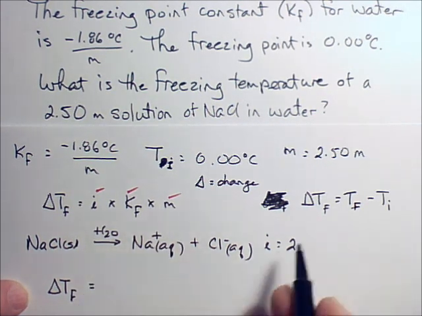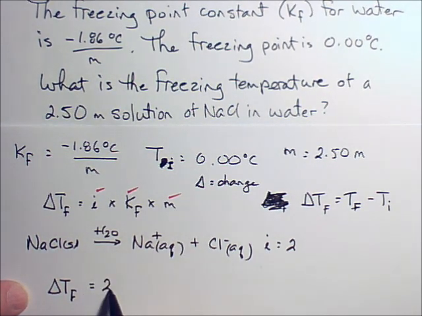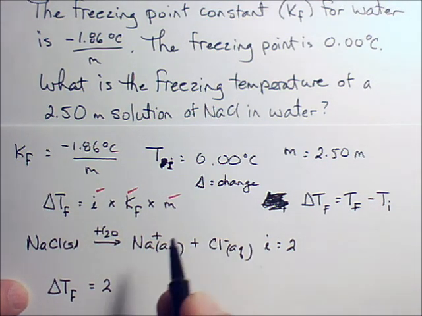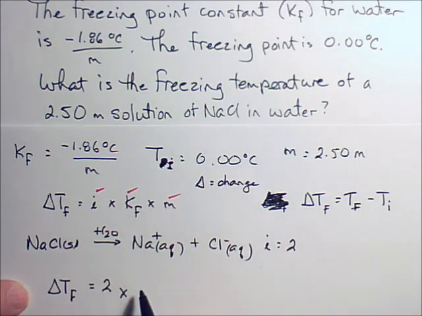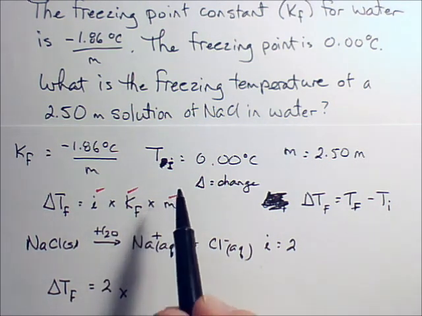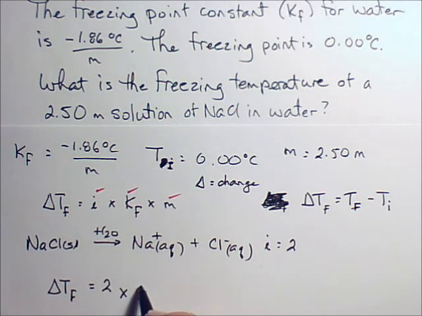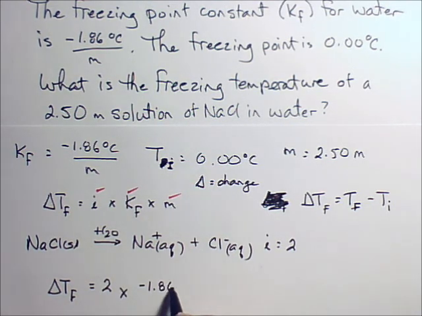So delta T for freezing is going to be equal to i, which we said is the number 2. That's a counting number, so we're not going to use it for our significant digits. Times K sub F, which is given to you in the problem, negative 1.86 degrees C per molal.